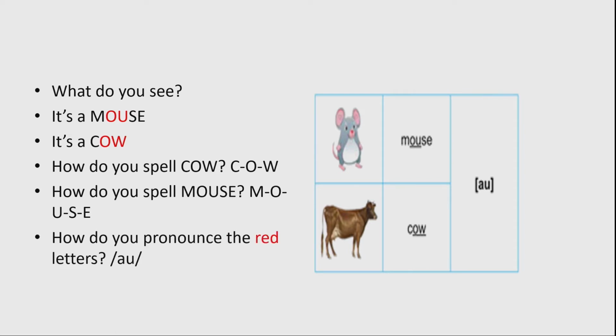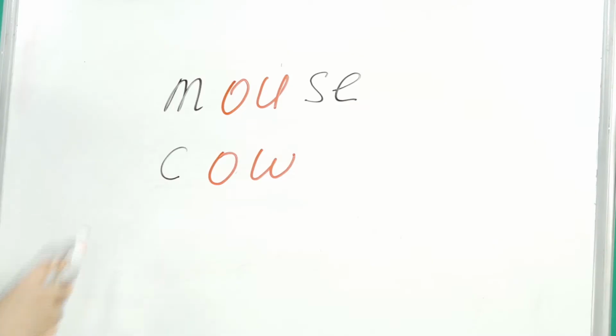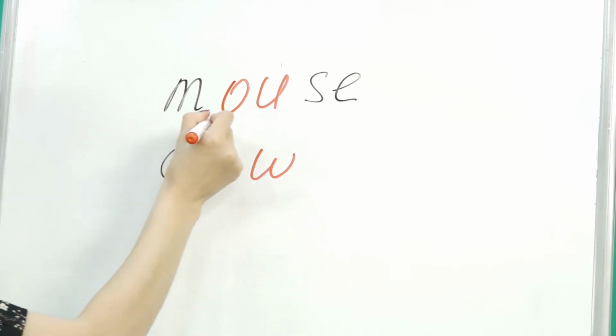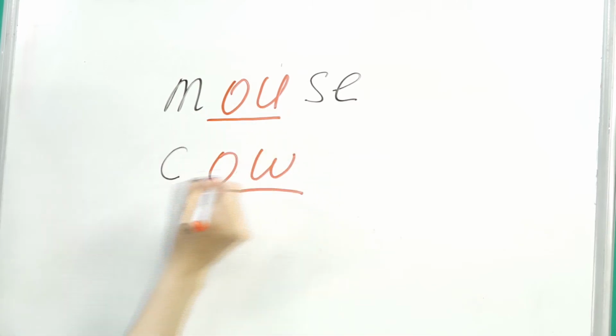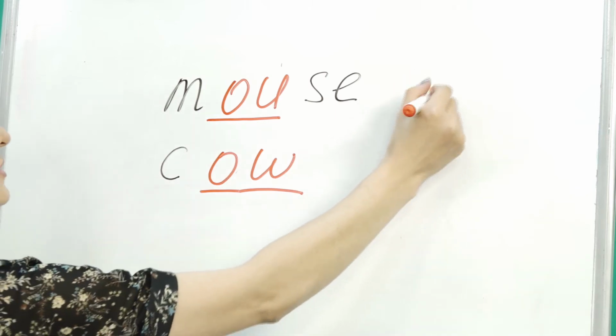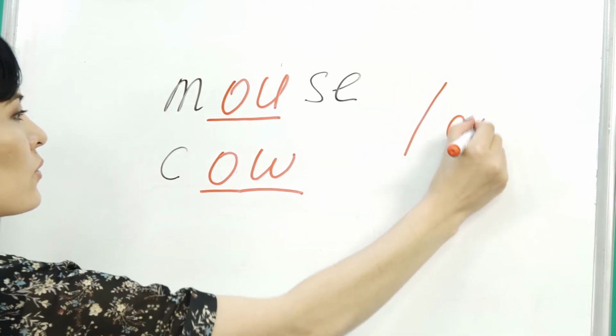How do you pronounce the red letters? Yes, you pronounce ow. Look at the board. We have mouse and cow. Look at these letters, O, U, and O, W. Here we have sound ow.